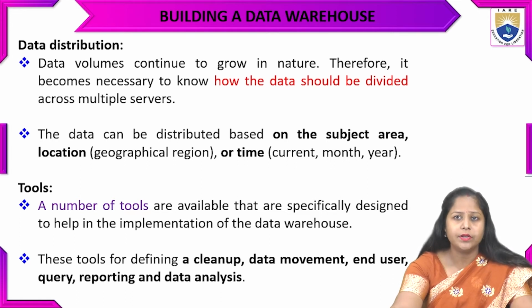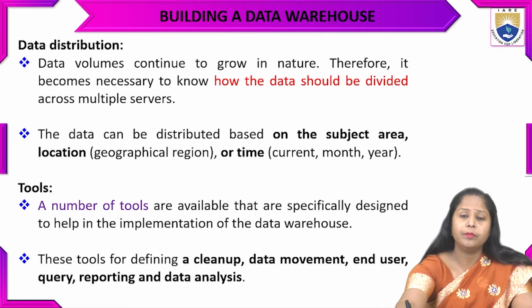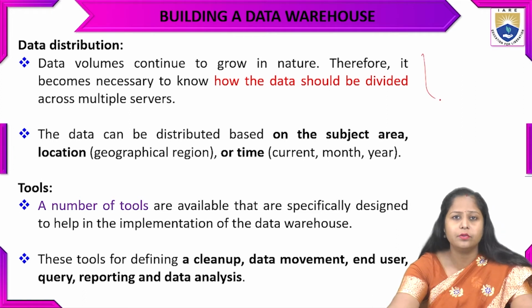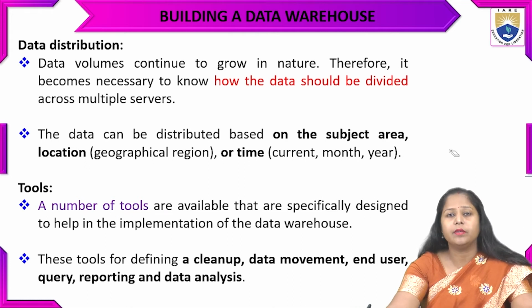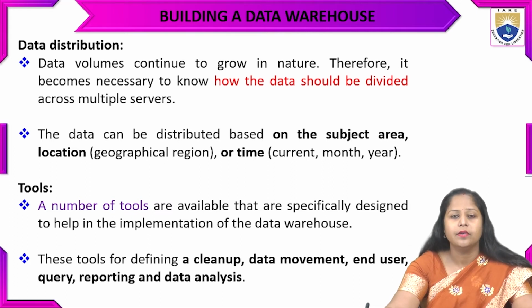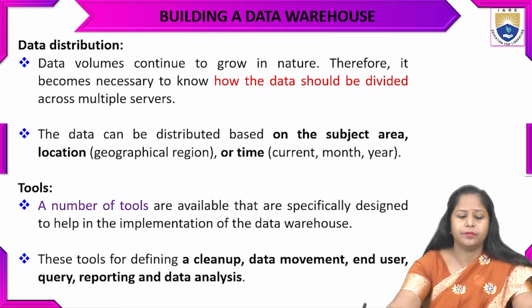So that is one feature of that, and therefore it became very important to know how the data should be divided across multiple servers. The data in the data model will be distributed and divided across different servers. The data will travel to the OLAP servers and the other servers. So the division is very important.